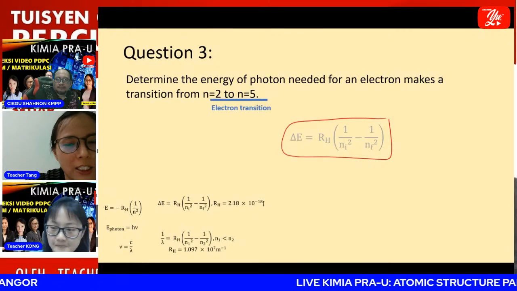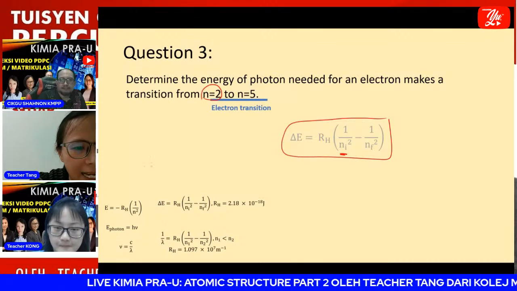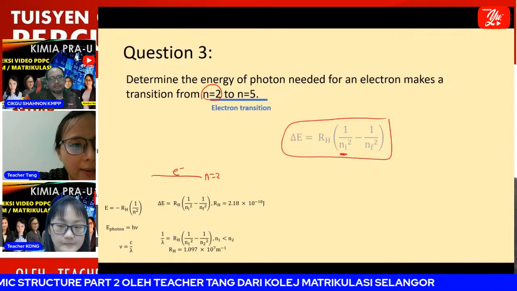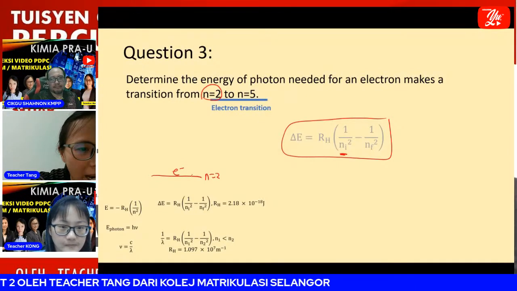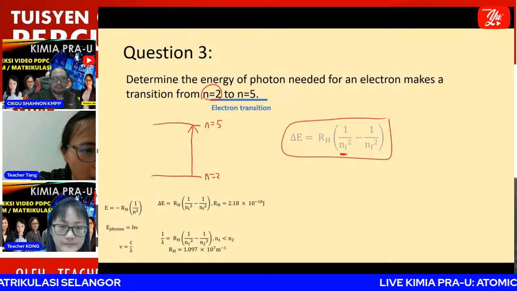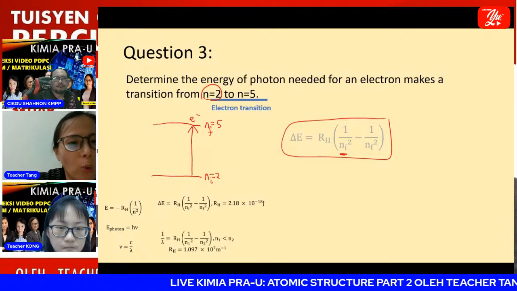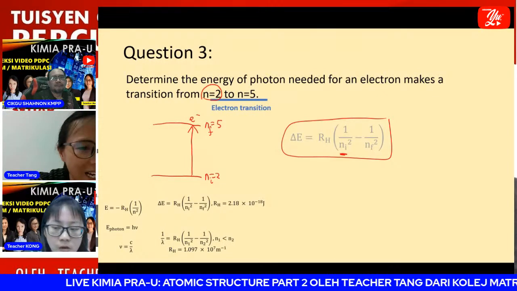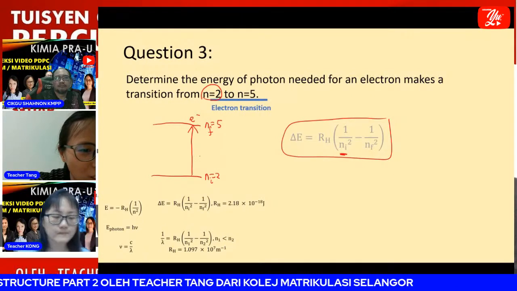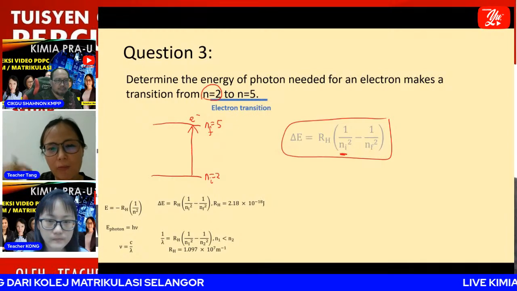For this question, initially the electron is at n equals 2, and then it makes a transition to n equals 5. So at the end, the electron is here. This is initial and this is final. When the electron needs to climb to a higher energy level, it needs to gain energy, so it gains a photon, it absorbs a photon.